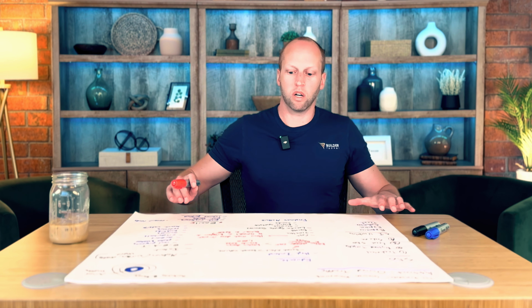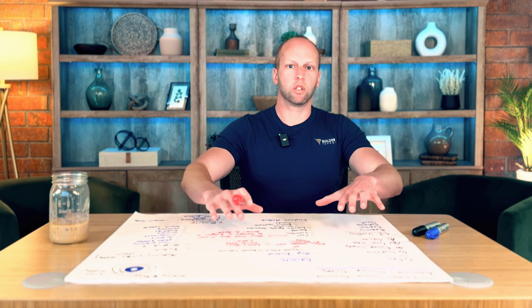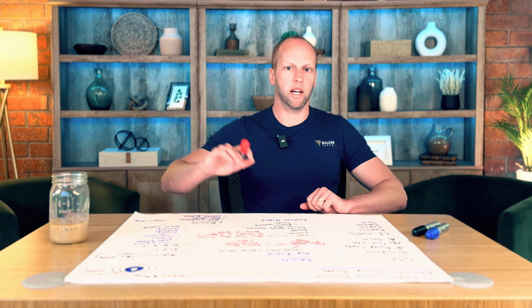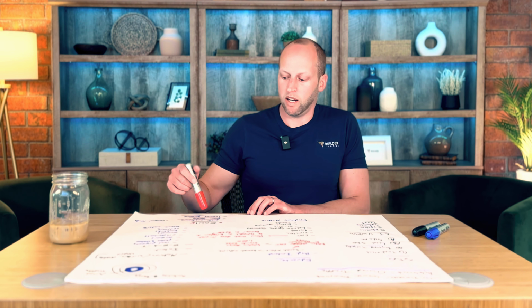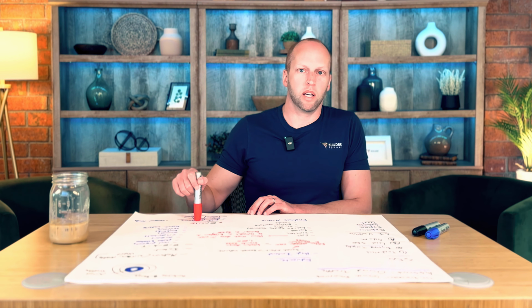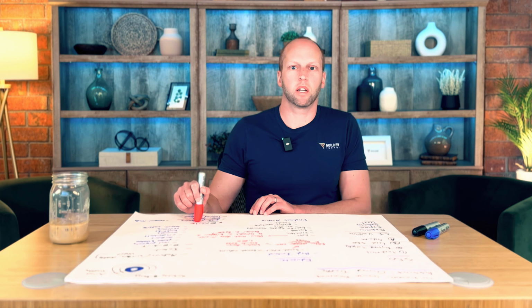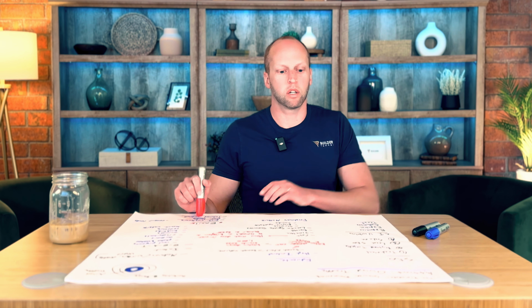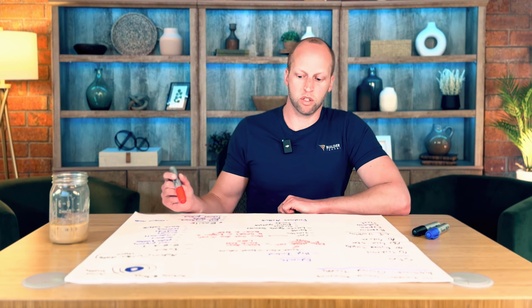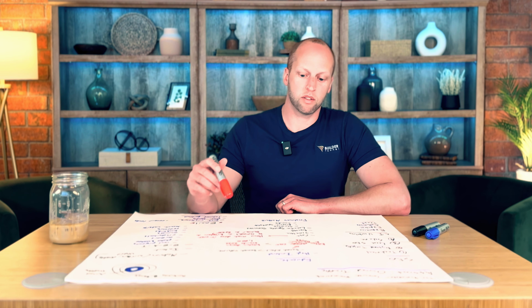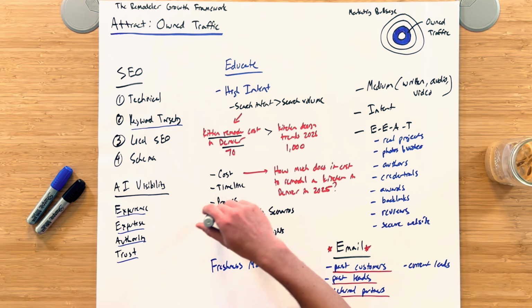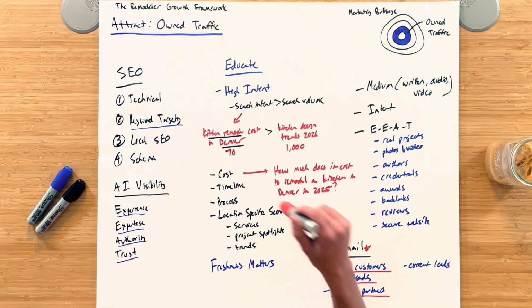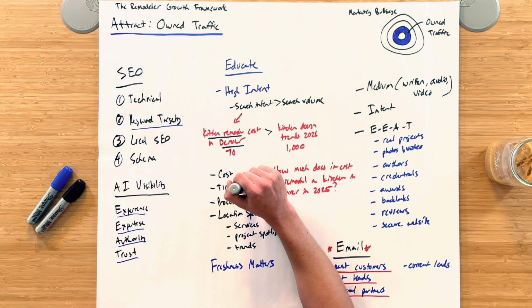And so as we are building up our own digital real estate on Google and AI platforms, we also want to be building up our email list. And then we can be adding value to them almost all the time. We're going to talk a lot about email when we get to the nurture pillar of the framework. But as just a quick teaser, I guess, this content that we're creating here on cost and timeline and process, we can basically go to our email list and say, hey, we created this really helpful timeline blog post.